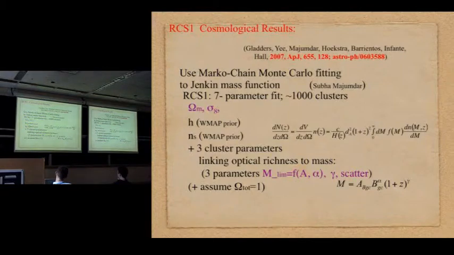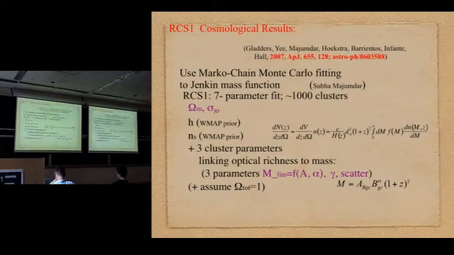The h and n, the slope of the initial perturbation, we take from WMAP. And then we have 3 cluster parameters, where the mass limit at each bin, which is a combination of these 2 parameters, is fitted together.